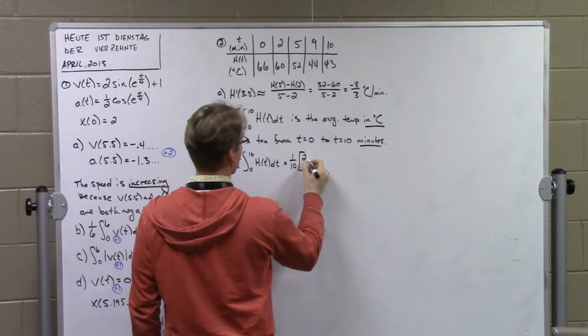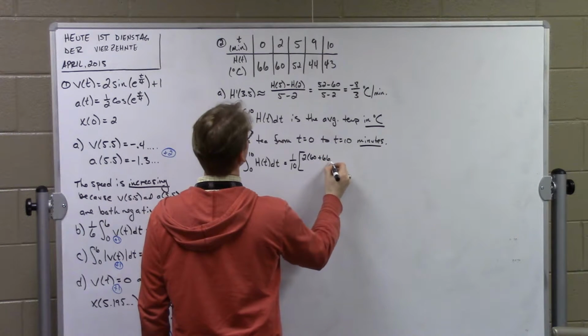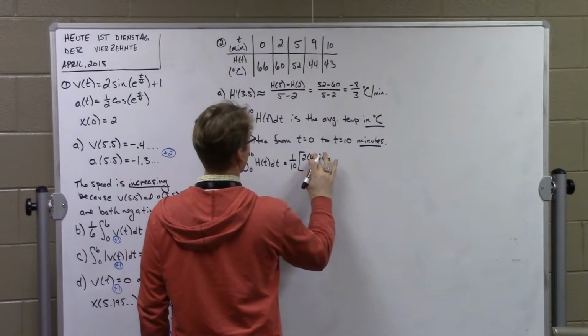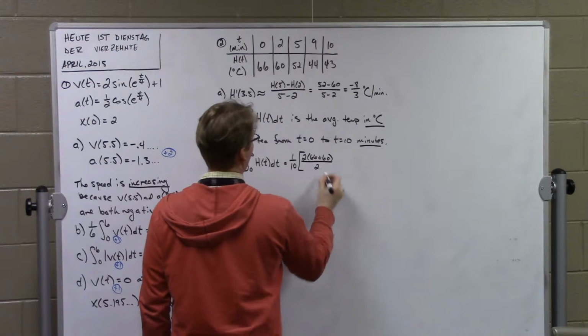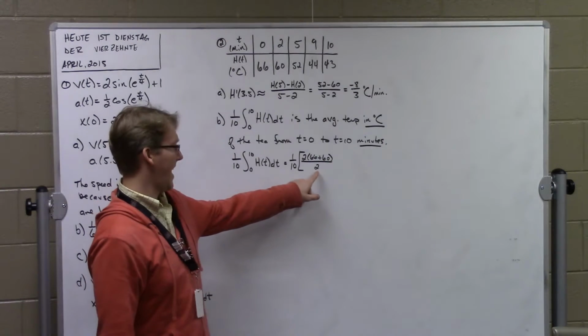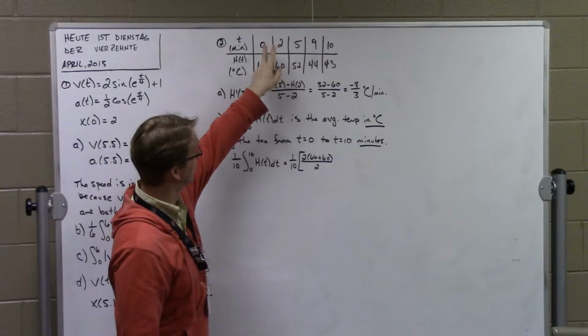You're combining the 1/2 that is always there from the trapezoid with the width of 2.